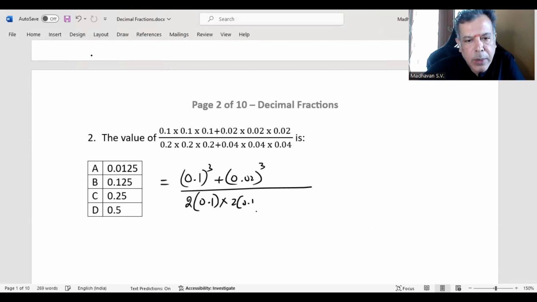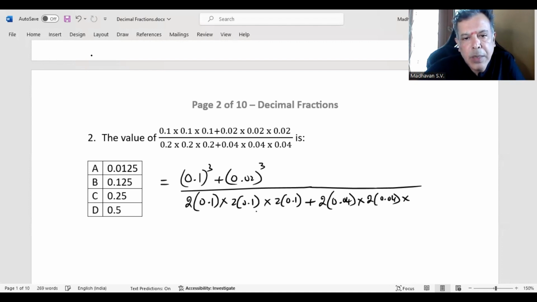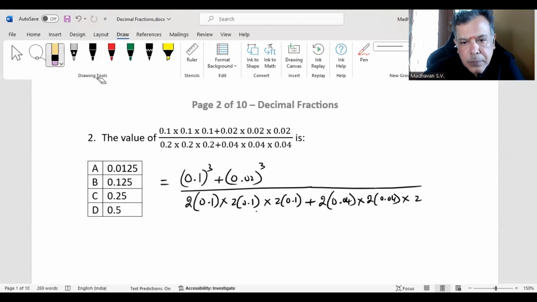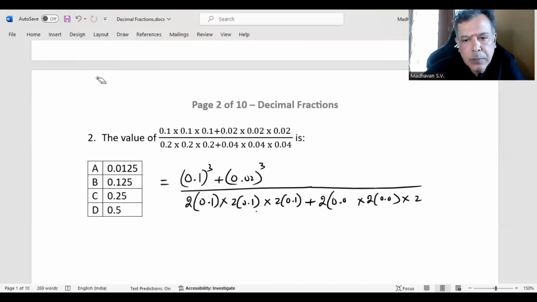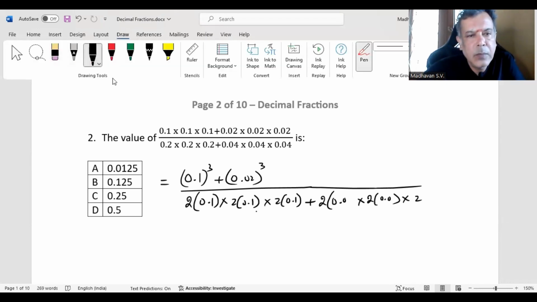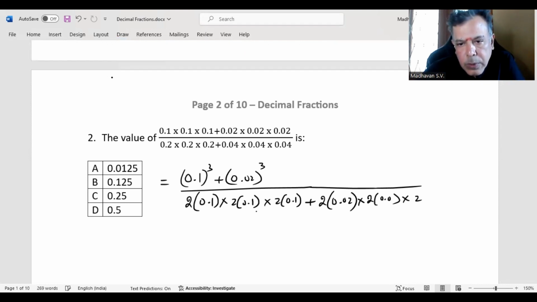We get 0.1 multiplied by 2 into 0.1 multiplied by 2 into 0.1, plus here also we can take 2 outside: 2 into 0.02, 2 into 0.02, 2 into 0.02.